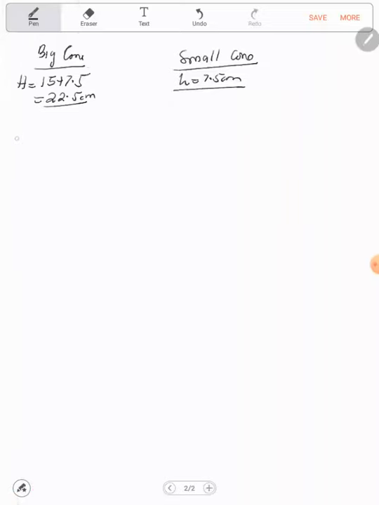The volume of the frustum equals the volume of the bigger cone, one third pi r squared h, minus the volume of the smaller cone. The difference between these two gives the volume of the frustum which they want.